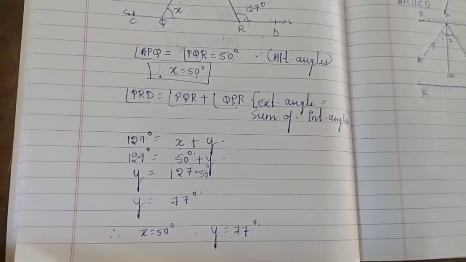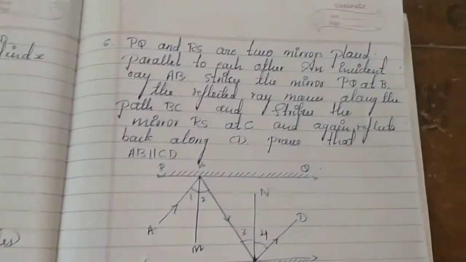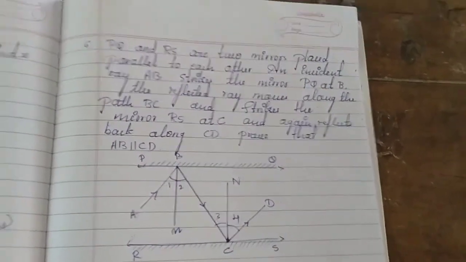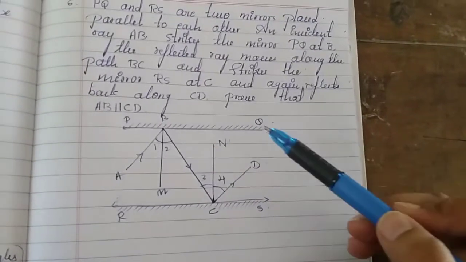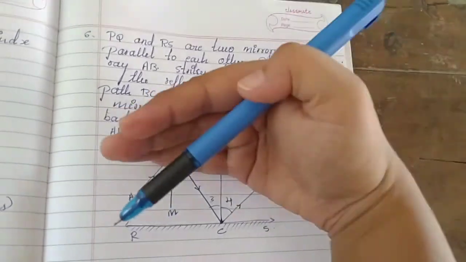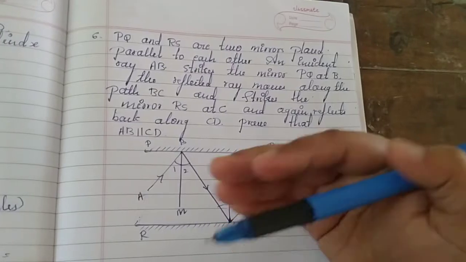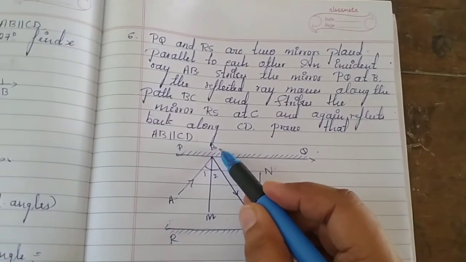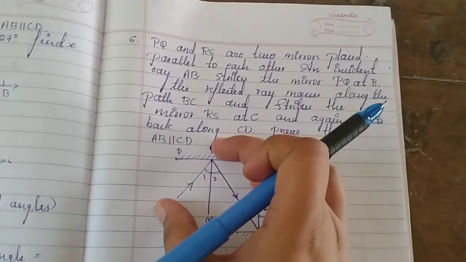Okay. So now we'll move on to the next question, that is: PQ and RS are the two mirrors. Okay, so just understand the question first. Actually, see, PQ and RS are two mirrors placed parallel to each other. An incident ray AB strikes the mirror. So this AB is the incident ray now.